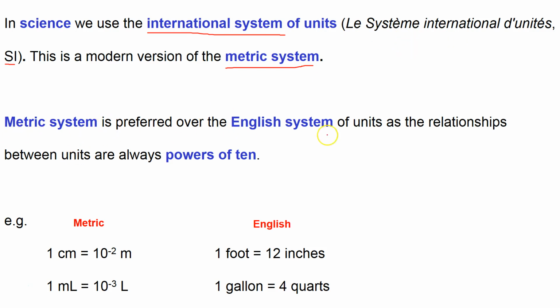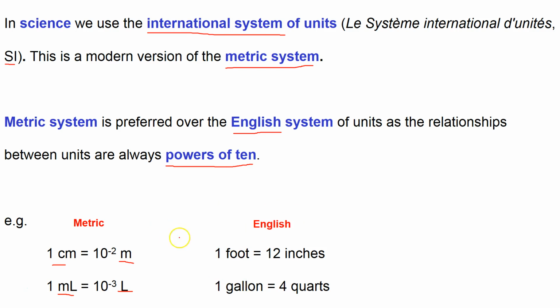So the metric system is preferred over traditional or English units because the relationships between different units are always powers of 10. If I look at the relationship between the units of length, centimeters and meters, you can see that the difference there is a power of 10. Similarly, when I look at units of volume, the relationship between milliliters and liters is also a power of 10.